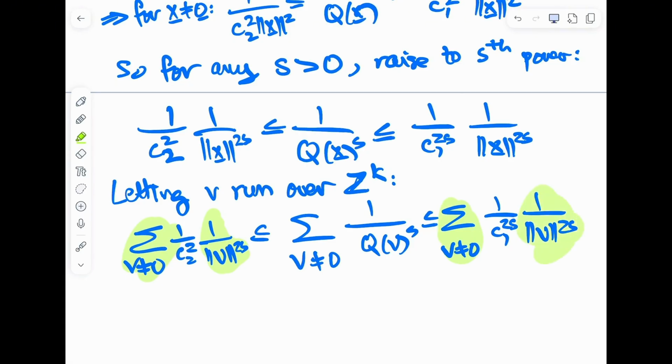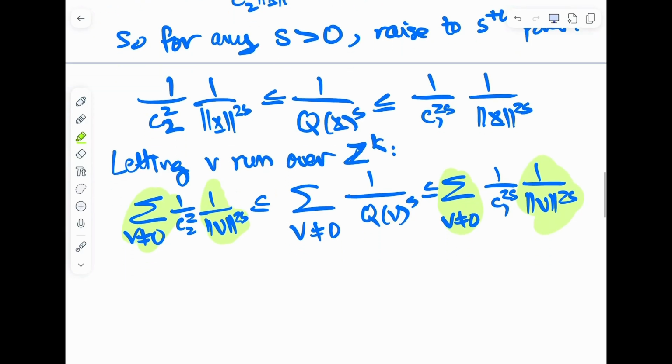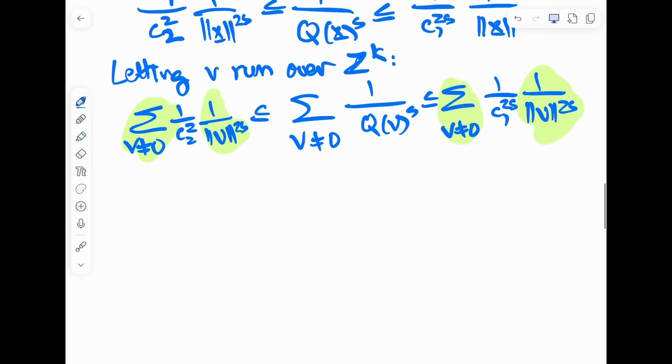So everything reduces to this: what's the story if I sum the reciprocal lengths to a fixed power over the integral lattice, where does that converge?